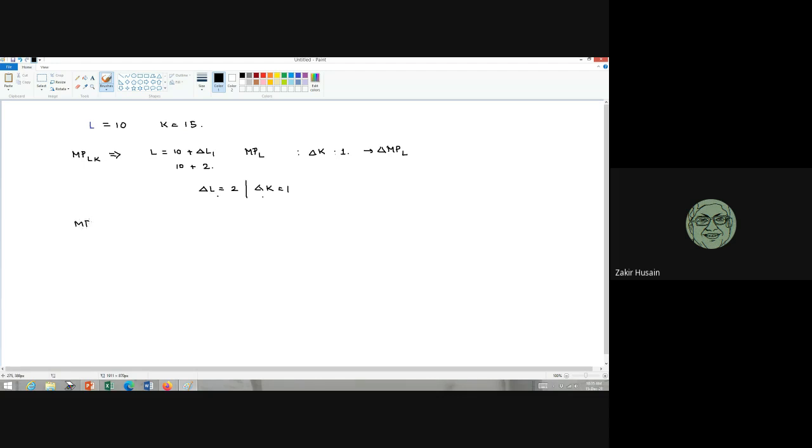Now when I want to find out MPKL, I'll again have to change them, but now the order is reversed. I'll first change capital to get MPK, and then I'm going to change labor to get MPKL.